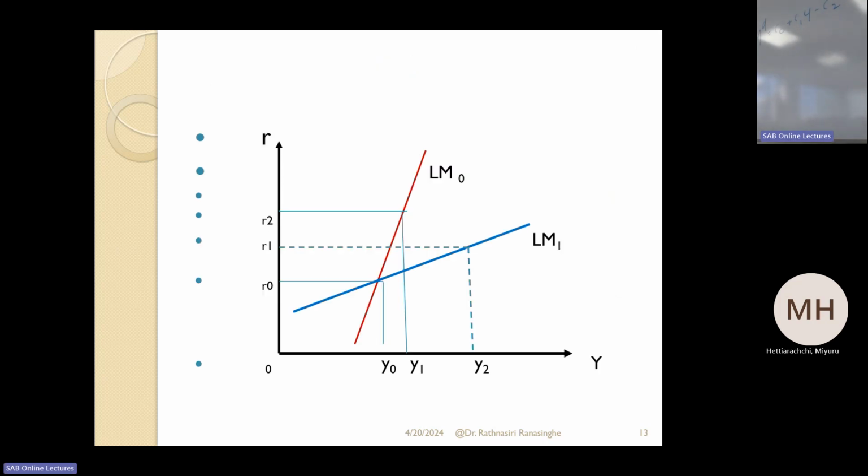Now it can be steeper, it can be flatter. We have the flatter LM curve if the C1 is low or C2 is high. We have the steeper LM curve if the C1 is high or C2 is low, so they operate in opposite directions.